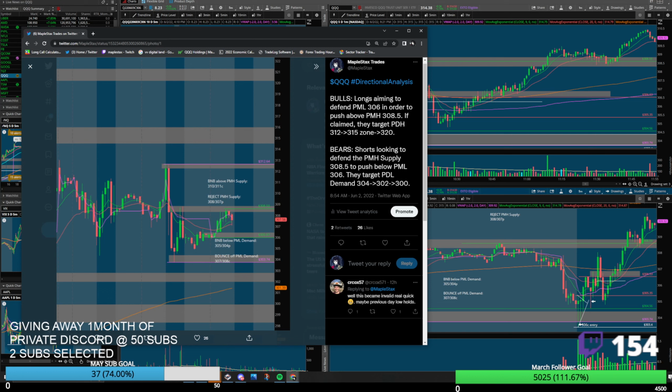They would target the previous day high up here at 312, the 315 zone right here, and possibly 320. I think we could see 320 tomorrow, but it all depends upon the overnight session and what it's going to be like trading Friday, the first Friday of the month.